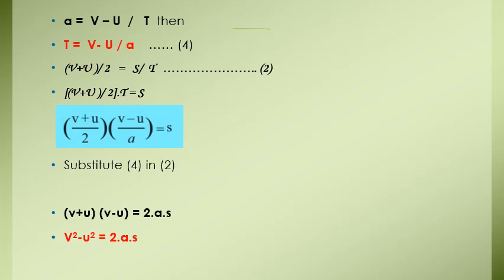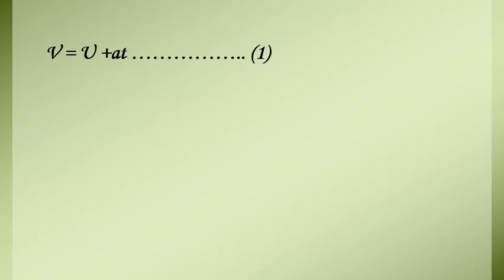So these are the three equations of motion. First one is v is equal to u plus at. Second one, s is equal to ut plus half at square. Third one, v square minus u square is equal to 2as. Let us learn the third equation again. Acceleration a is equal to (v minus u) by t.